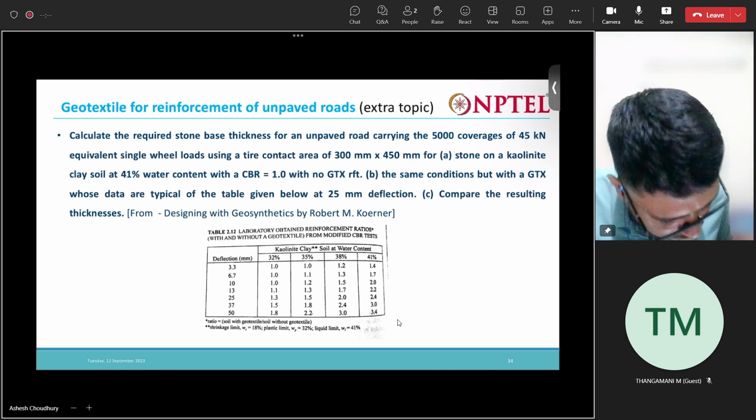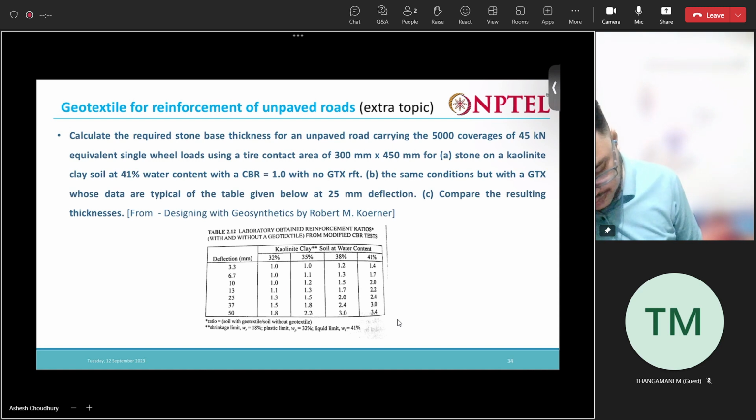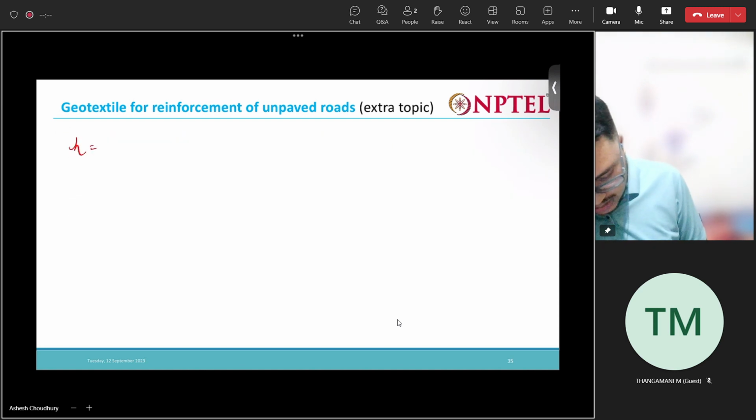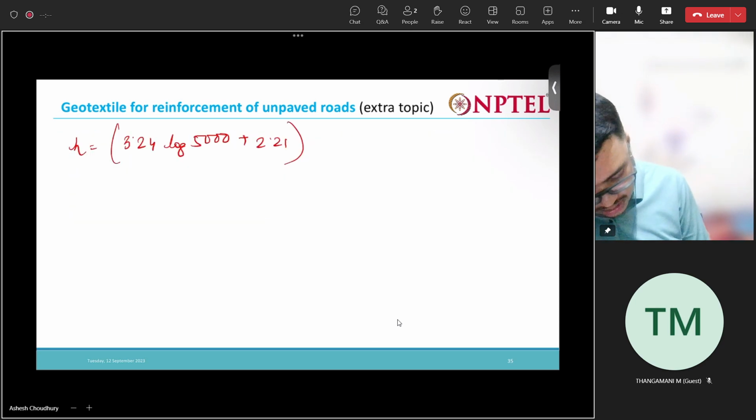First, let us calculate for the unreinforced case what is the thickness of the stone base. H is 3.24, log of coverage 5,000, plus 2.21. What is P? P is 45 kilonewton, so 45,000 newton, by 36 into CBR.